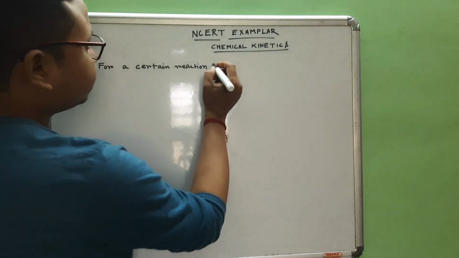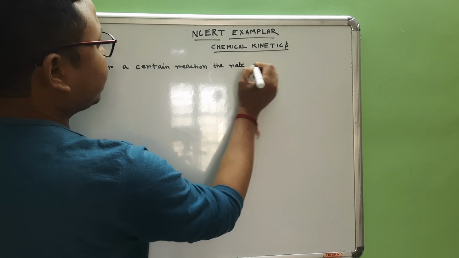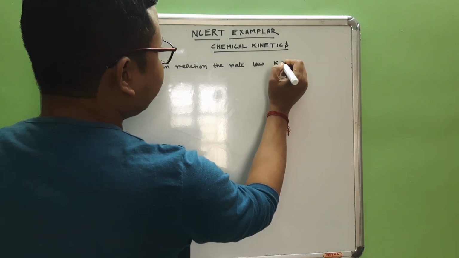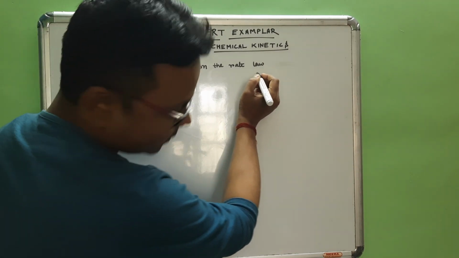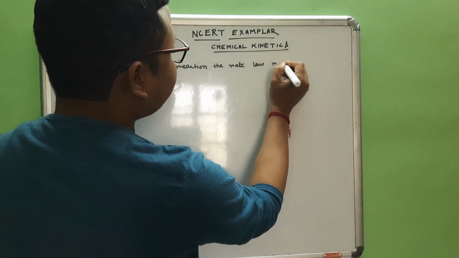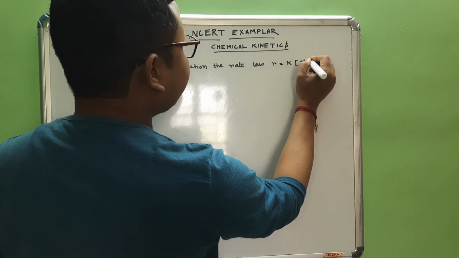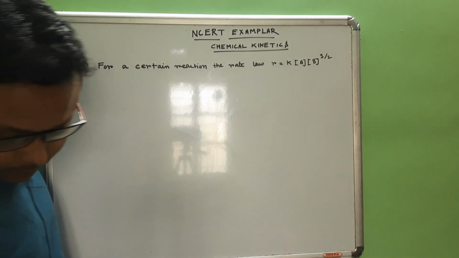the rate law is given as R equals K into A into B to the power 3 by 2.